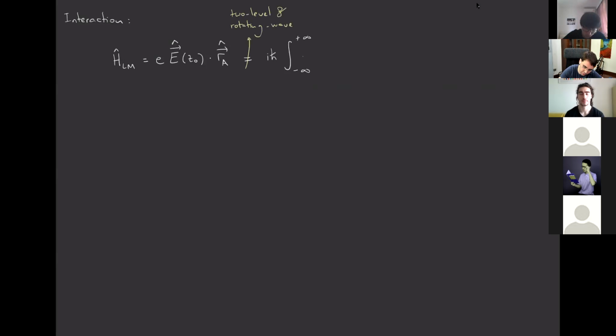So we have the sum over all the possible wave vectors. We have a coupling g_k, and then we either create a photon by making the atom decay from the excited to the ground state, or we absorb a photon and excite the atom.